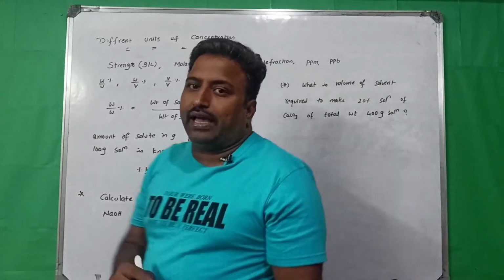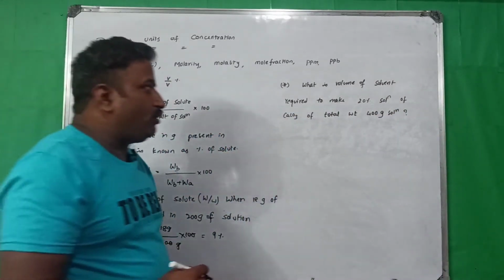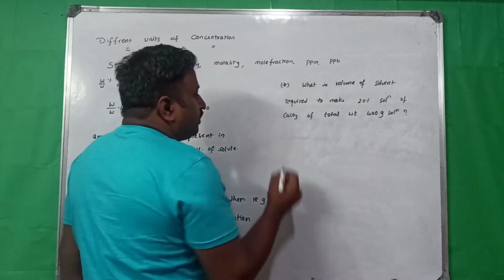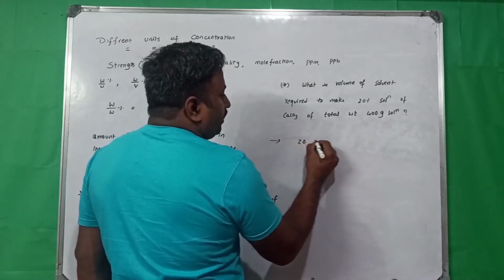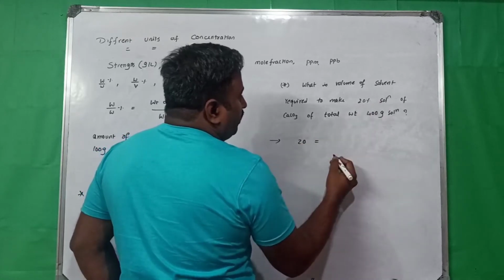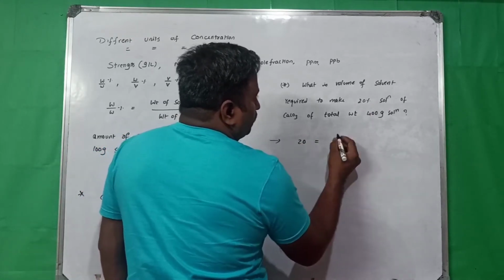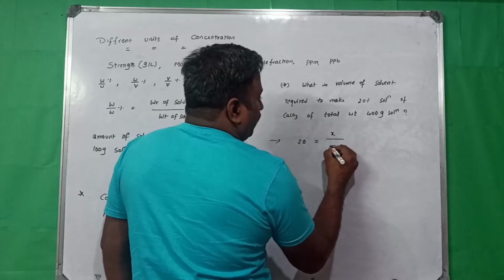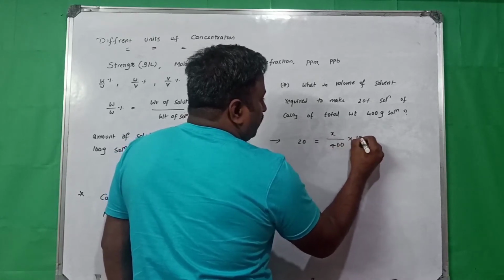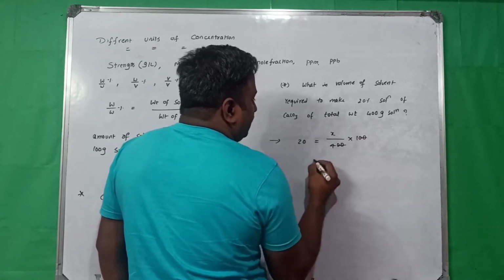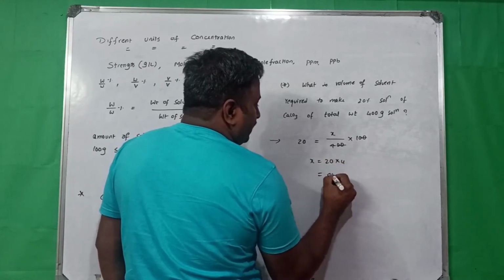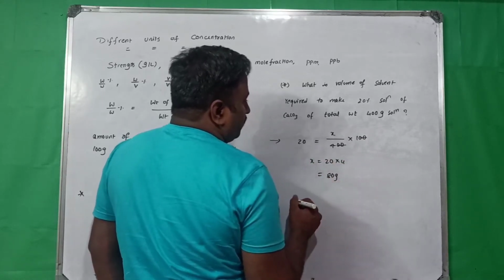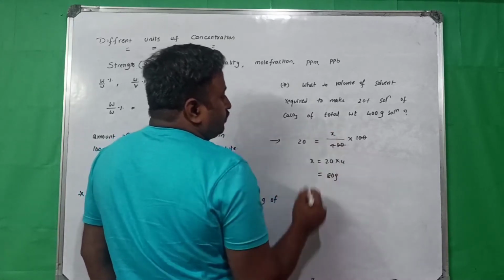So what is the weight of calcium carbonate, or solute, which is required to make 400 grams of solution? Here percentage 20 is equal to weight of solute X upon 400 into 100, cancel, and X is equal to 20 into 4, that is 80 grams. So X is the weight of solute.